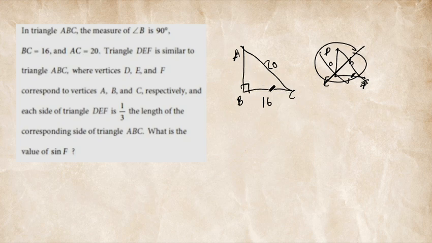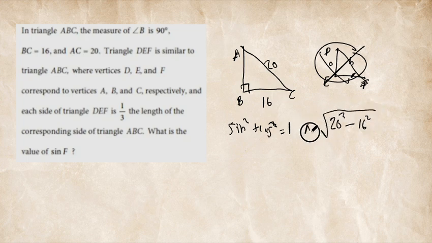Now, in order to solve for sine C, you first need to solve for the opposite side. Or you could also use the identity sine squared plus cosine squared equals 1, because we already know cosine is 16 over 20, that's 0.8. So whatever is convenient for you. If you solve for AB, you can say it's the square root of 20 squared minus 16 squared, because it's hypotenuse minus adjacent from the Pythagorean theorem.